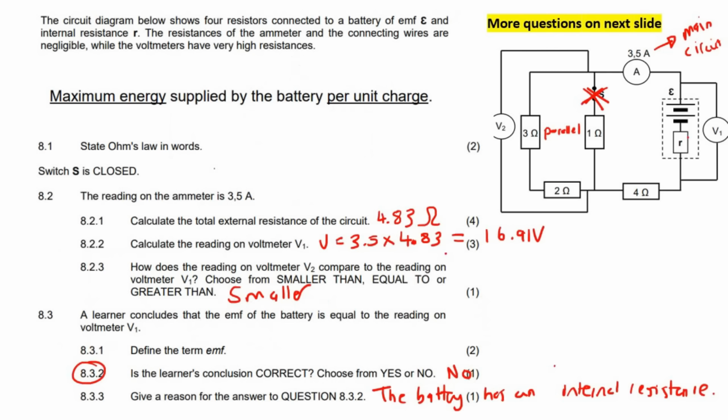Remember that when you have a parallel pathway, I don't know if you can remember this, but that actually allows the electricity to get around the circuit easier, because when there are more pathways available, it makes it easier for the electricity to flow.